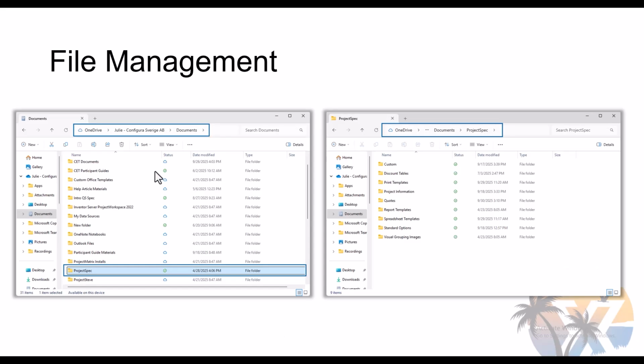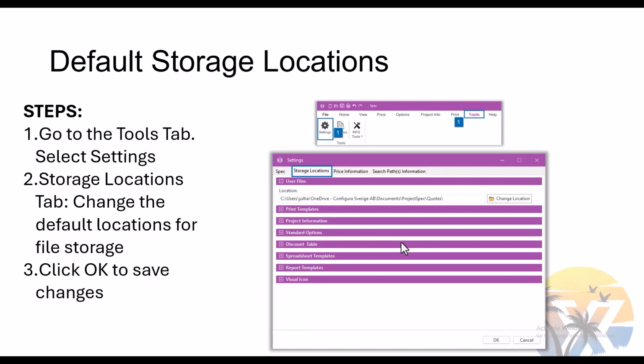So if you were to open up your Network Explorer, in your Documents folder, you are going to automatically receive a Project Spec user folder. In that Project Spec user folder, there will be a series of subfolders that will save all of the various files that you can create and share in Spec.